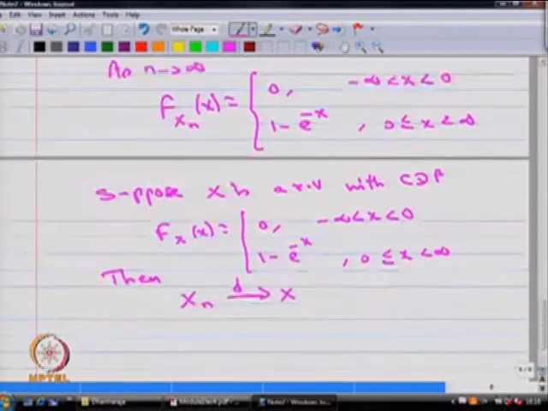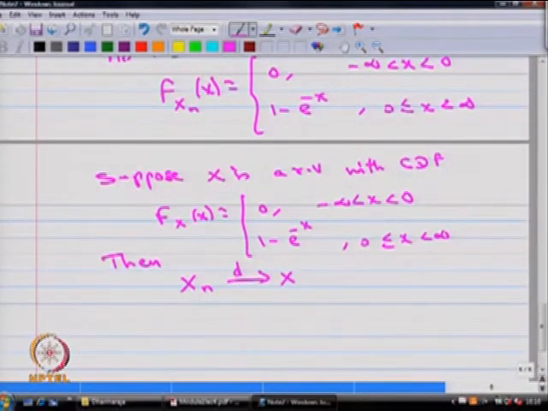since the sequence of F_{X_n}(x) tends to F(x) for x greater than or equal to 0, and the value is 1 minus e power minus x. Hence, one can conclude the sequence of random variables X_n converges to the random variable X in distribution.